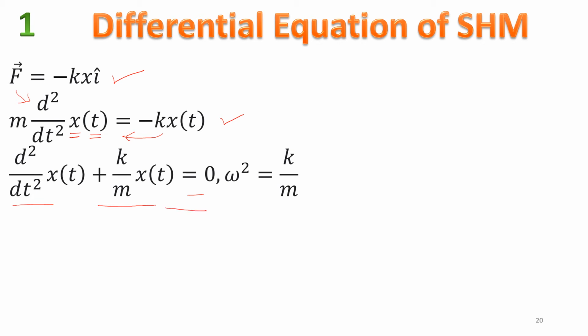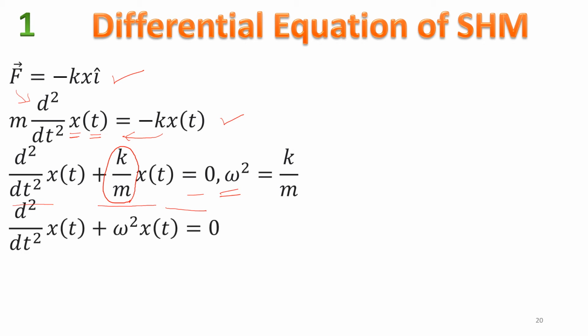Here this quantity k by m we shall assign omega square, and that will lead us to a standard way of representation of the differential equation that has a standard solution. So here we have replaced k by m by omega square, and the second order derivative is x double dot.